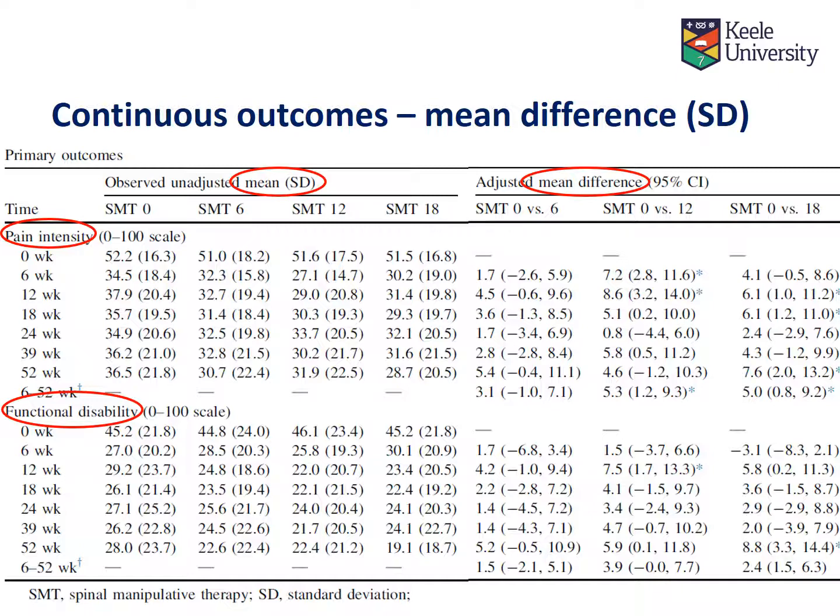So this is the mean at 0, and this is the mean at 6 weeks. Now, when you look at the mean difference along that same column at 6 weeks, the mean difference is 1.7. And that's what the mean difference is: the difference between the means.